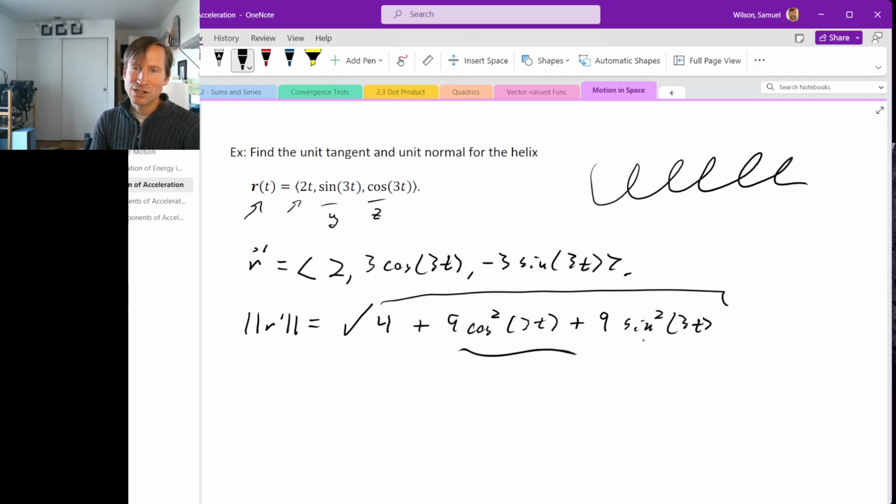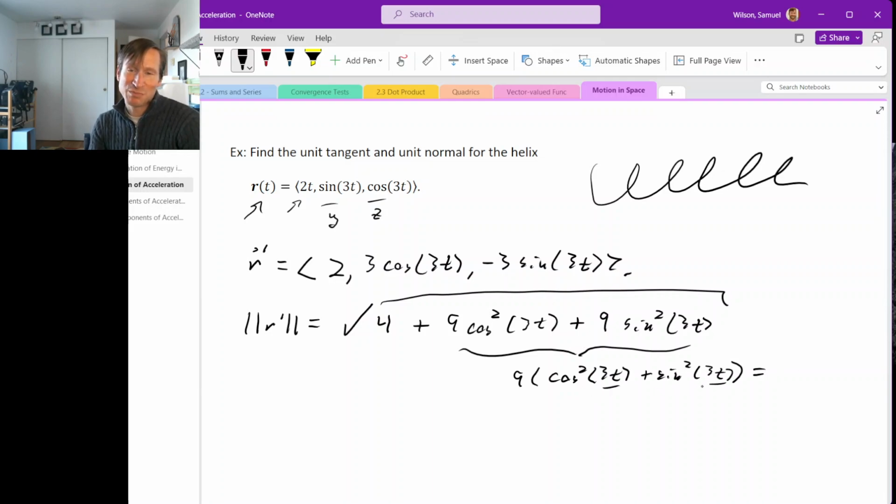Now, it looks bad, but these two parts both have a 9, and when you factor out that 9, you get 9 times cosine squared 3t plus sine squared 3t. And of course, because these inputs are the same, cosine squared plus sine squared is just 1, so this is 9. All right, so the upshot of this is that the magnitude of r prime is 4 plus 9, so square root of 13.